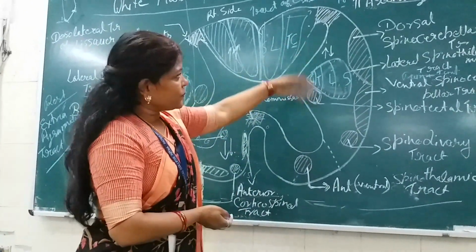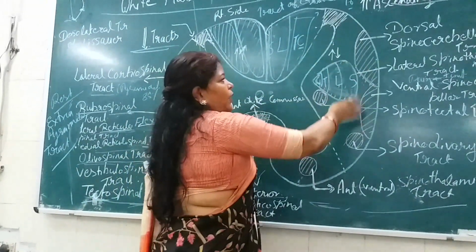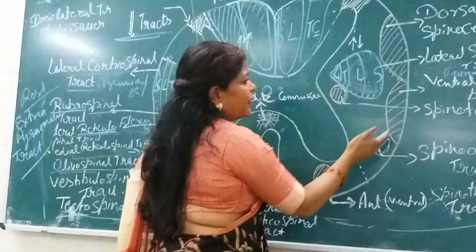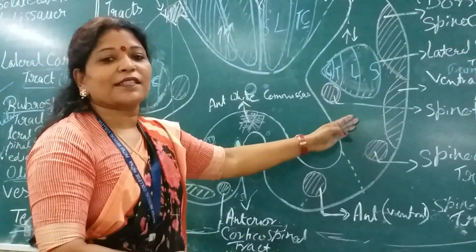Now come to the ascending tracts in the lateral column. Look here: 1, 2, 3. There are three ascending tracts which are dealing with the cerebellum.